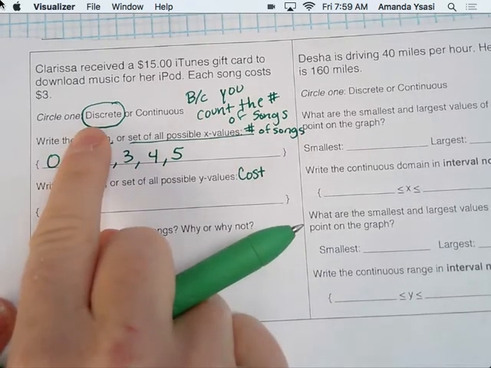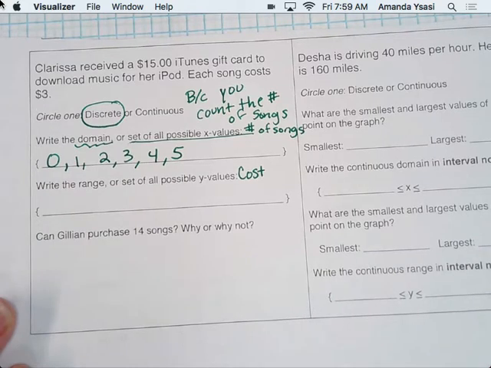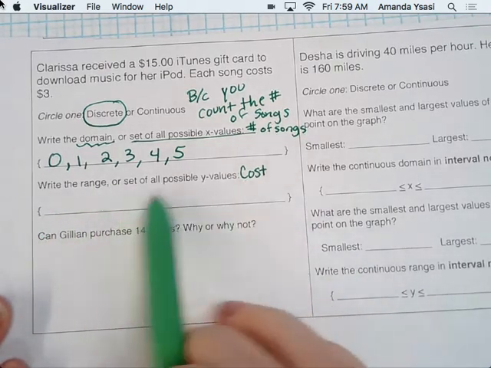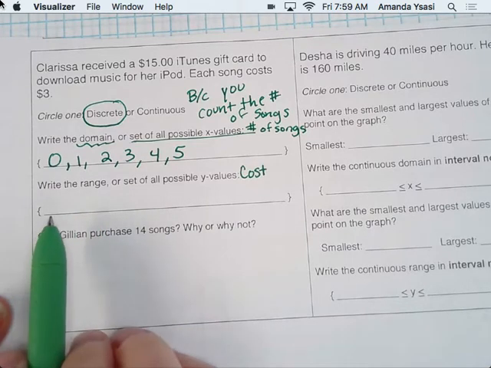And since it's discrete, remember we make a list of the number of songs we can buy. Okay, and now range is our cost, the Y values. So what would be the cost?